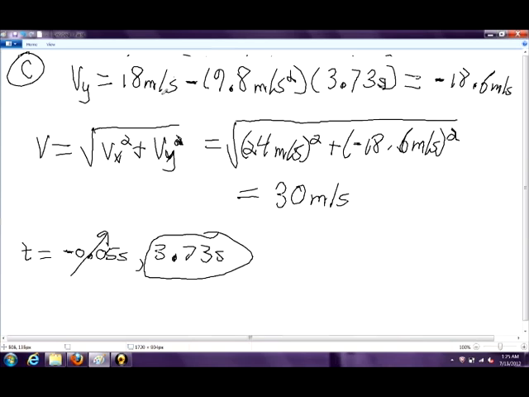But we have to remember that this is plus or minus, because plus or minus square root of something, but we take the negative one because it's going downwards. So it's negative 30 meters per second. So it's going downwards at 30 meters per second at that point.